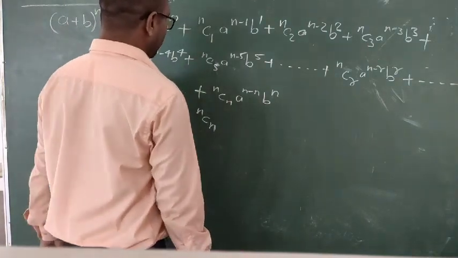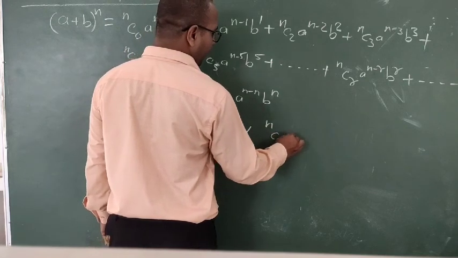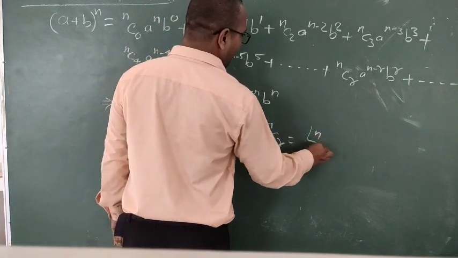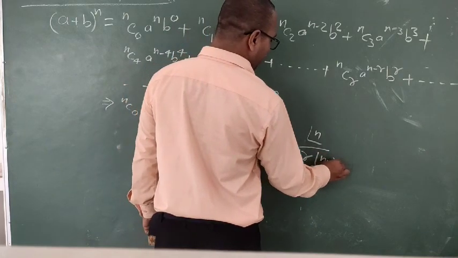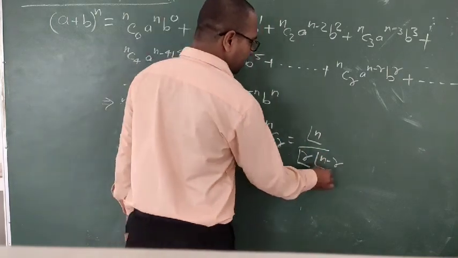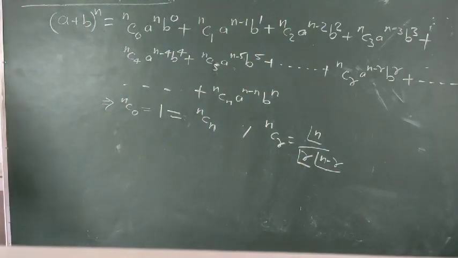Clear this one? So now we will experiment with this, that is the nCr formula. We have to remember the nCr formula, that is factorial n upon factorial r into factorial n minus r. Clear, students? You have to remember this part.